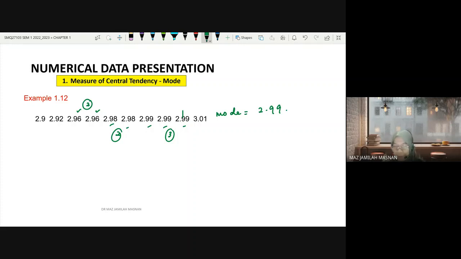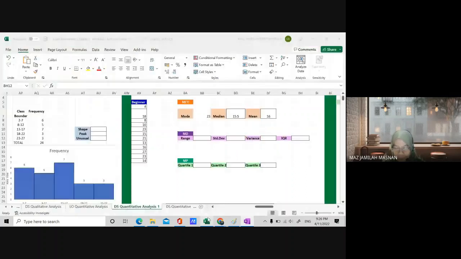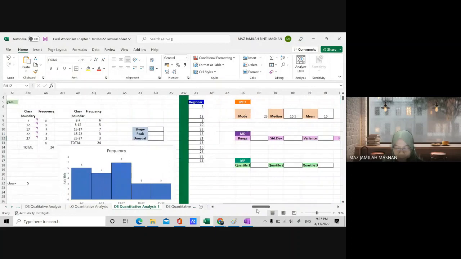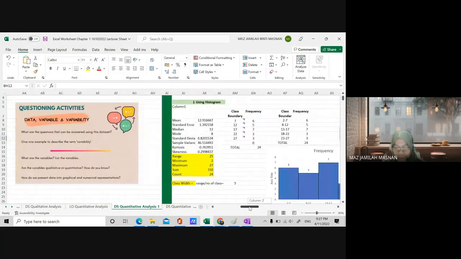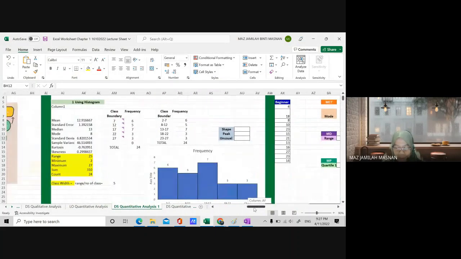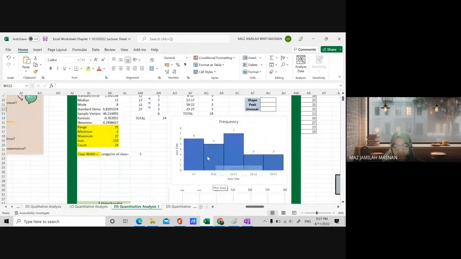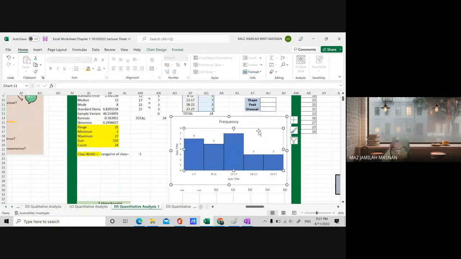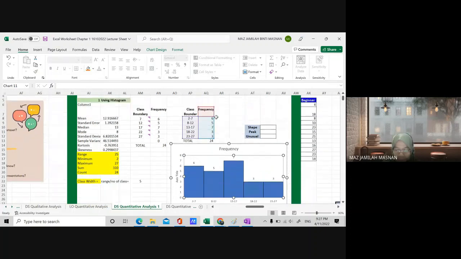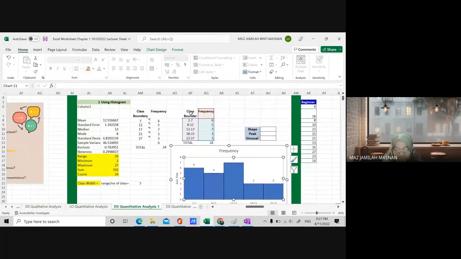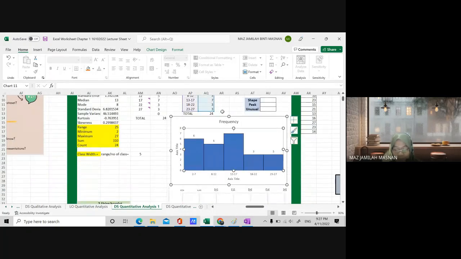So let us look at the Excel part. Before I go to the mean, mode, and median, last time I discussed how we can find the table of frequency for our class boundary, and from this table we can generate our histogram.